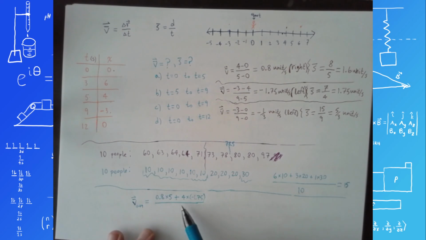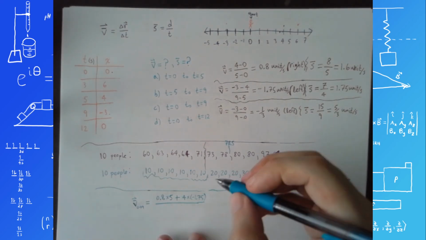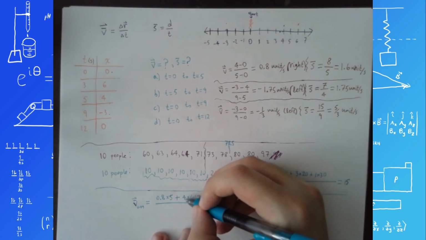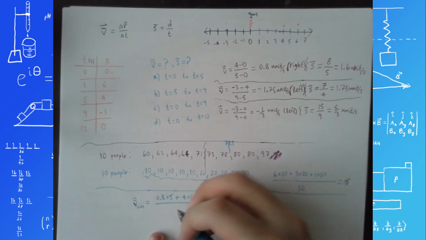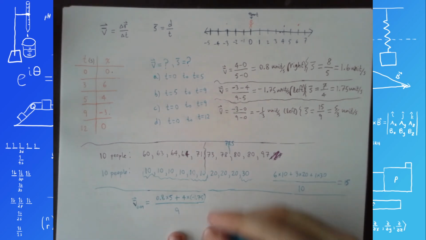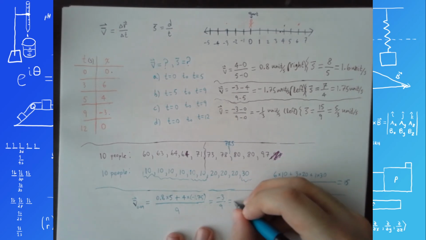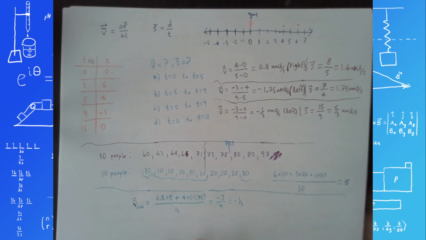You could say it was contributed 4 times, once per second, and divide that by the total number of contributions, which in this case is 4 plus 5, a total of 9 seconds, and we should get, if I did this right, 0.8 times 5 plus 4 times negative 1.75. I'm getting negative 3 for the top over 9, which reduces to negative 1/3 as expected.